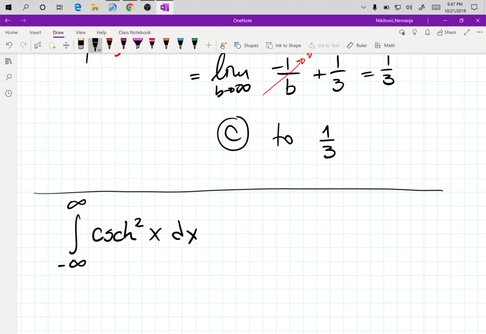Now, what is the cosecant squared graph? What does it look like? We did that stuff, and I did show the graphs back in 7.3, I believe.